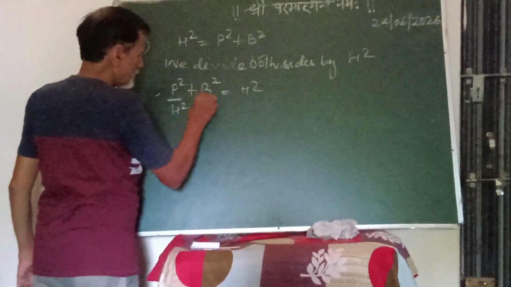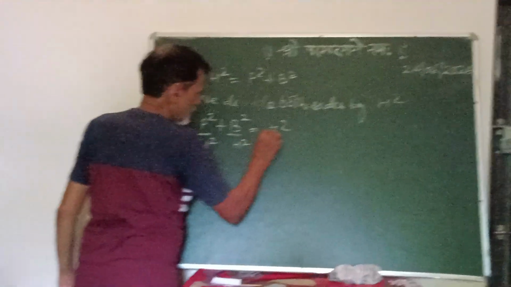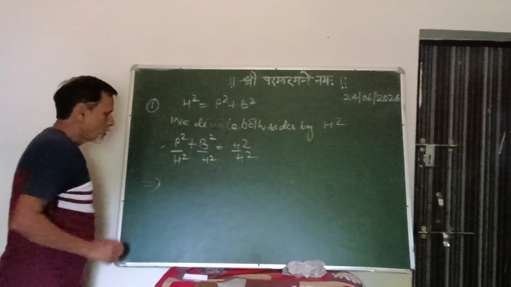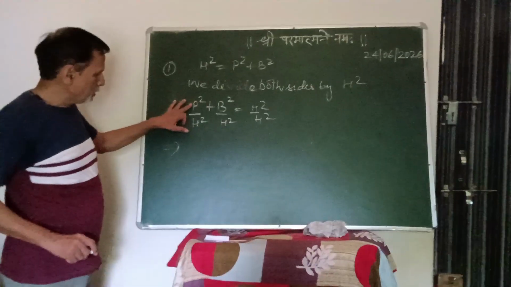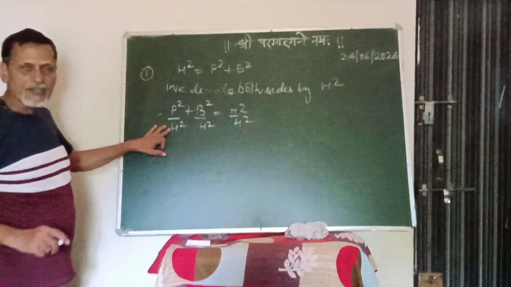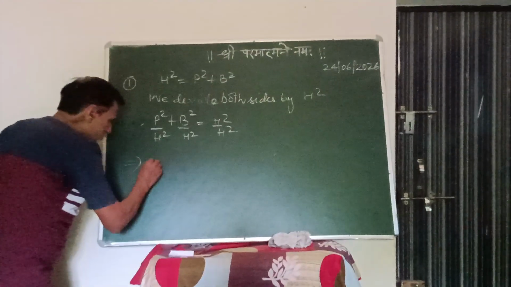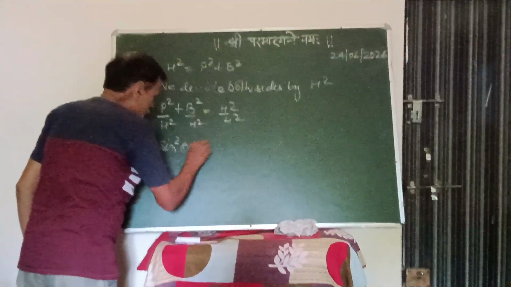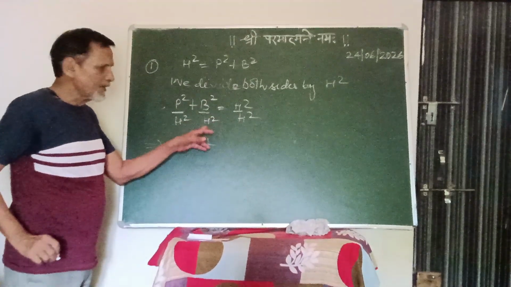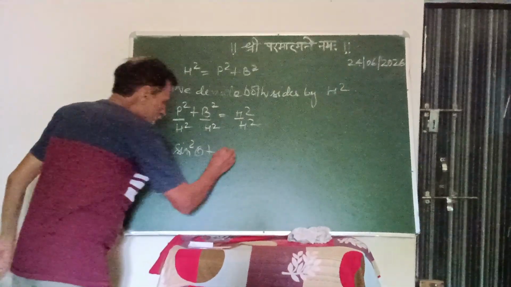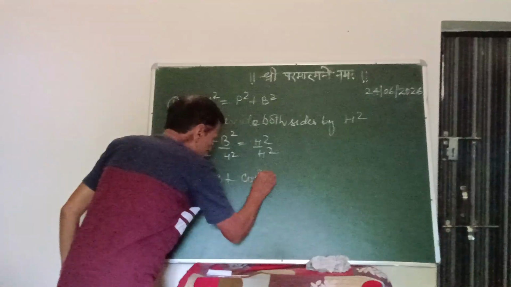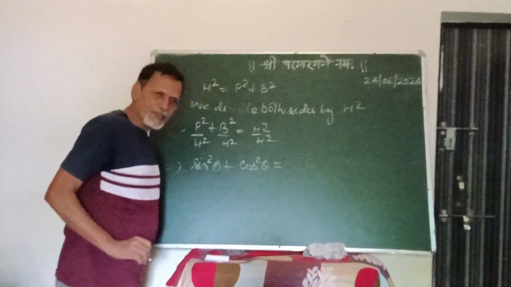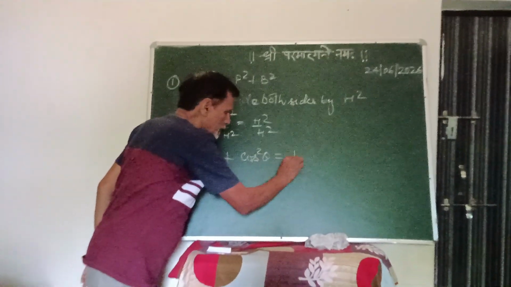Dividing by h square, we know p by h is sine. So that will be sine square theta plus b by h cos square theta is equal to h square by h square, which is equal to 1.